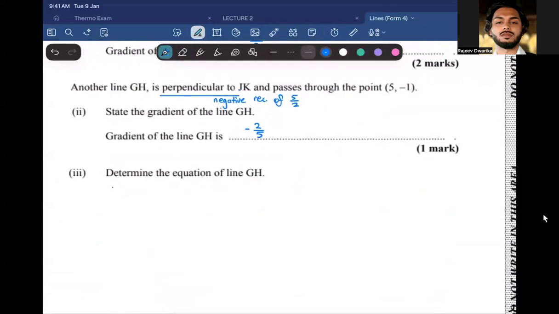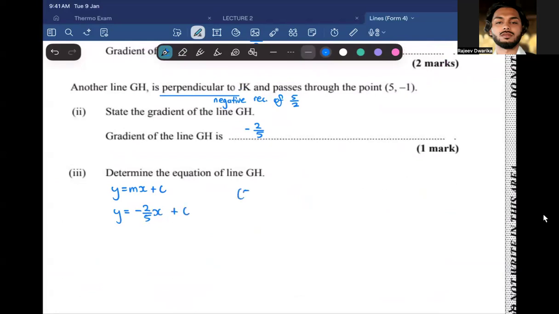All right, so I'm going to write down the equation of our line first. y is equal to mx plus c. What is the information we know? y equals negative 2/5 x plus c. And we are given a point here.